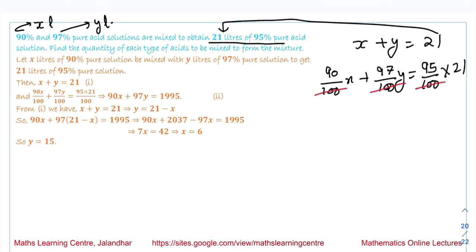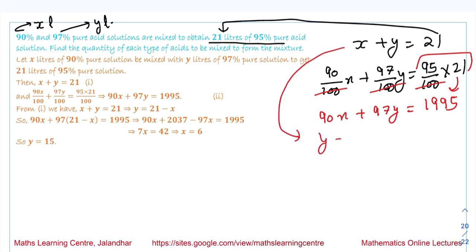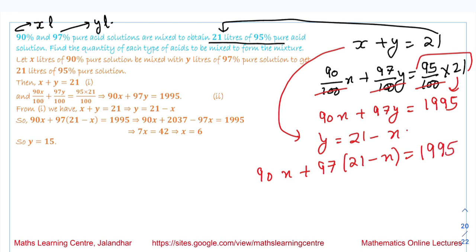This 100 gets cancelled over here. What we are left with is 90x plus 97y is equal to 1995, and multiplying these two values you get 1995. From the first equation we have y is equal to 21 minus x. We are using the method of substitution. So we get 90x plus 97 into 21 minus x is 1995.